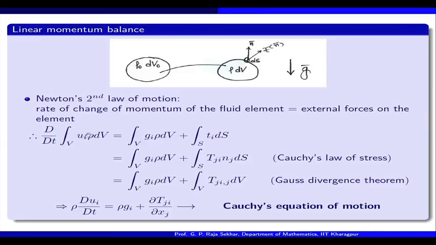That corollary we have used, and hence we get this, and this is this term and this is this term. So, this is nothing but the corresponding linear momentum balance. This is very important for us, because for any fluid flow, the first thing is we go for the linear momentum balance, and then proceed further.